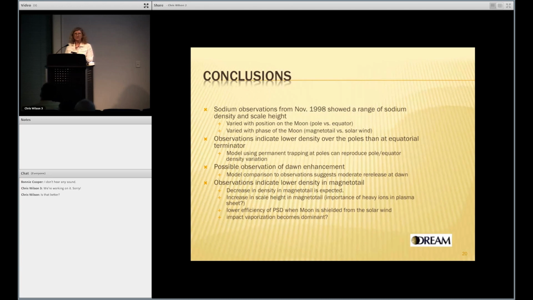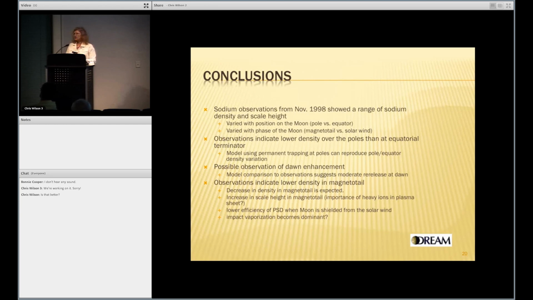When the moon is not exposed to the solar wind, you would not get sputtering, ion sputtering from solar wind. So why is the scale height larger? Well, you still have impact vaporization. So if you have a constant impact vaporization source, which you probably don't, but assume that you do, then that source would be more dominant when the PSD source declines.